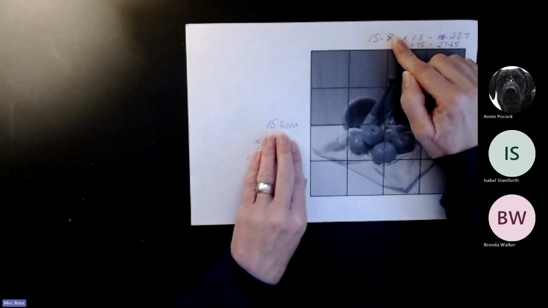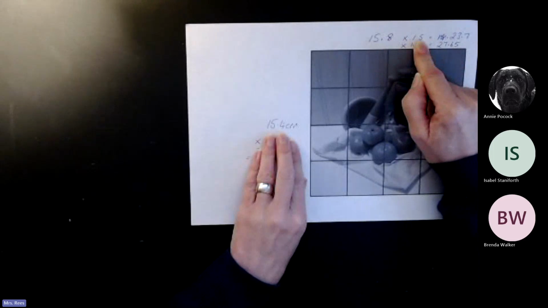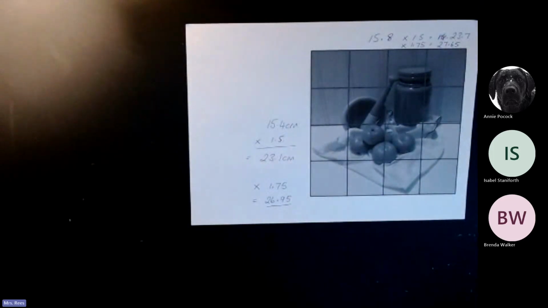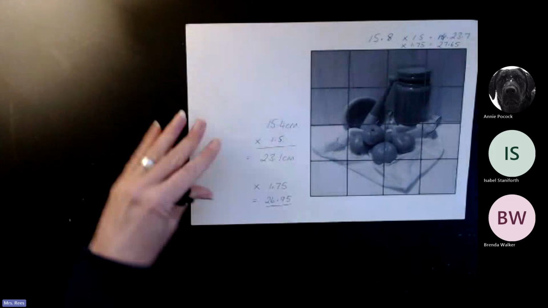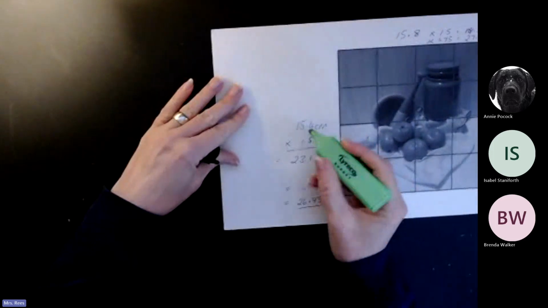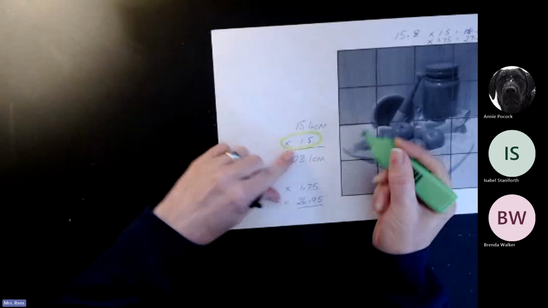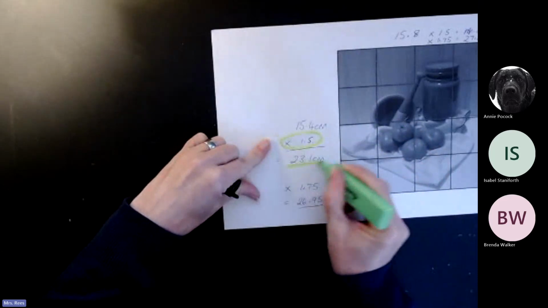And then I tried to see what size it would give me if I times it by 1.5, or if I times it by 1.75. So the first measurements I did, if I get a highlighter, I thought I would times it by 1.5. So if I did it by 1.5, it gave me 23.